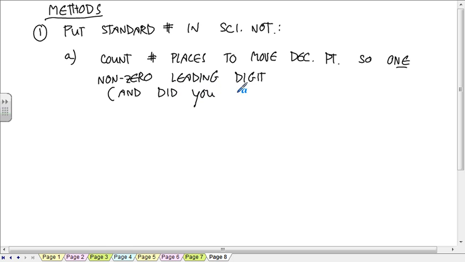And did you move the decimal point left or right? Okay, so let's say that we're, as an example, I'm going to use negative 541.6. How many steps do I need to move the decimal point so there's one non-zero digit before the decimal point? 2, and to the left or the right? Yep. So move it 2 to the left.